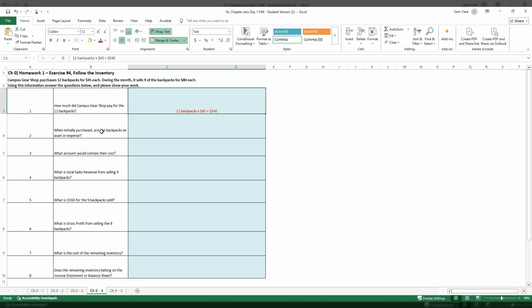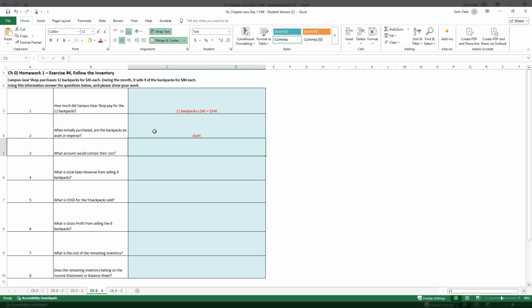Okay, so when we initially purchased these backpacks, are they an asset or an expense? Remember that when a merchandiser purchases that inventory, it is finished goods, ready to be sold, but it does not become an expense until it's actually sold. It's sitting on the shelf maybe or wherever, and the company owns it. So it is an asset at the time of purchase, and at the time of maintenance.